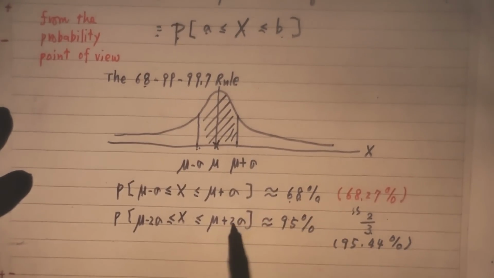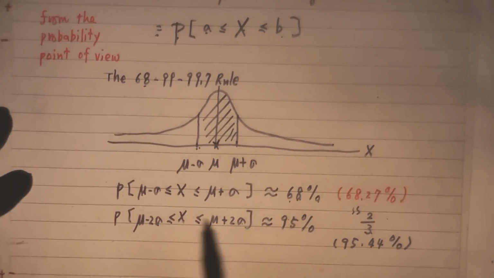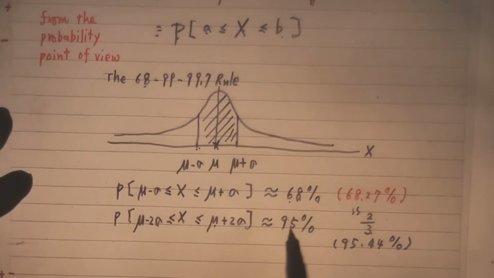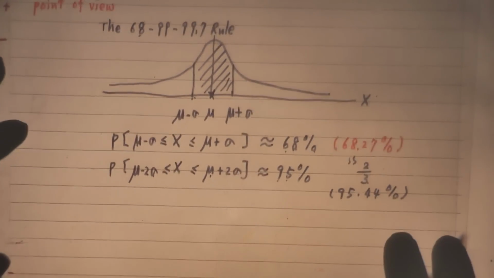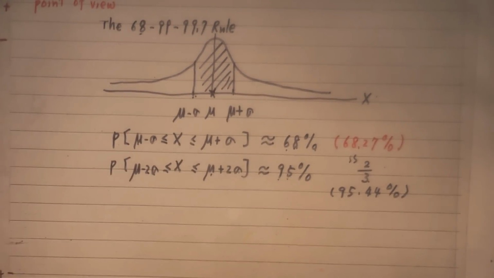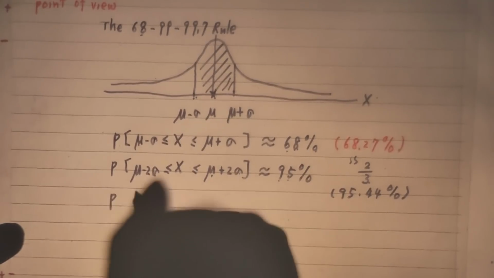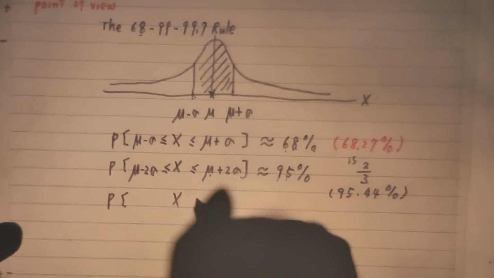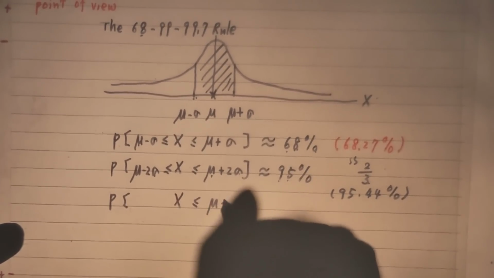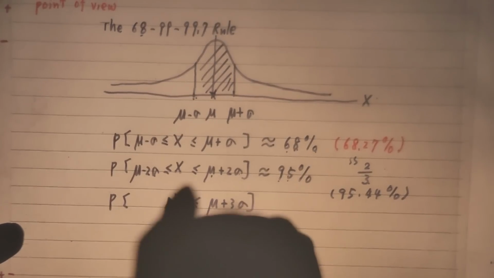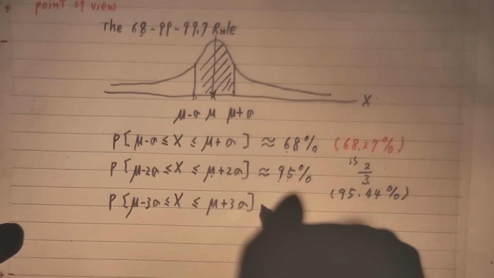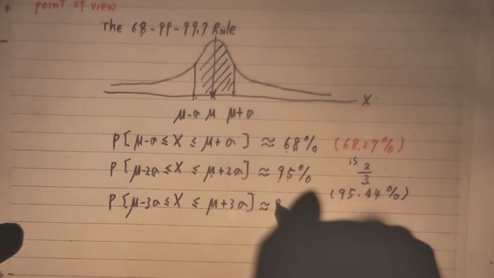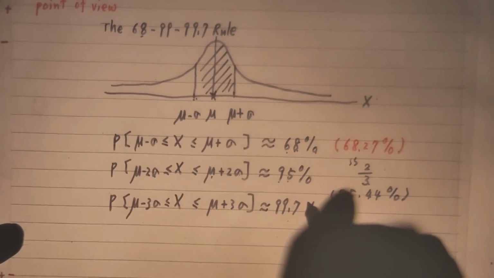That is, within 2 sigma around the center mu, cover about 95% of observations. Now, next one. The probability that X is greater or equal to mu minus 3 sigma and less or equal to mu plus 3 sigma covers about 99.7%.